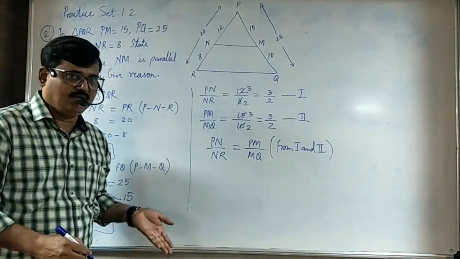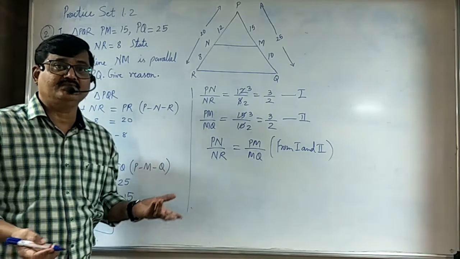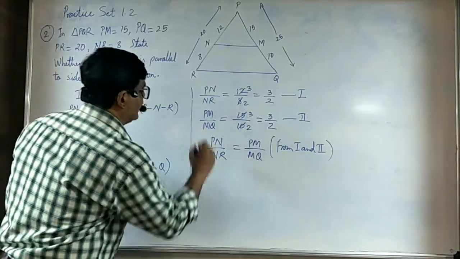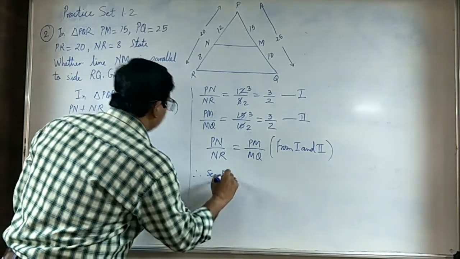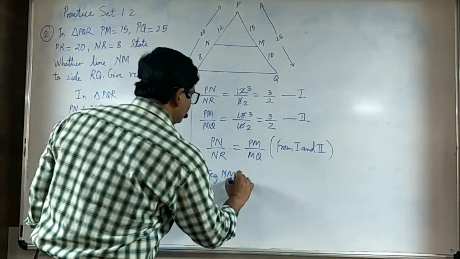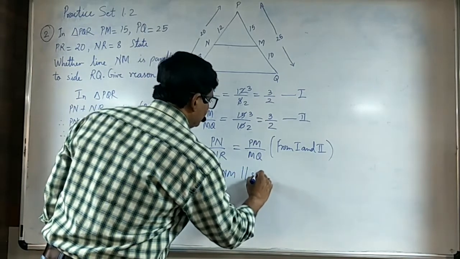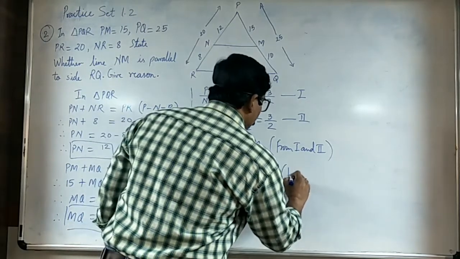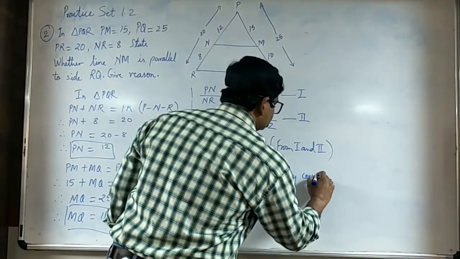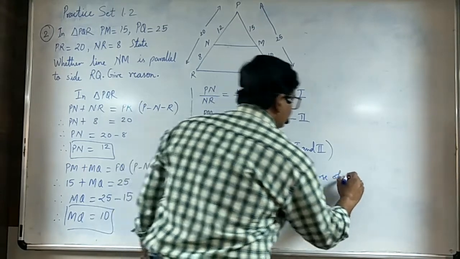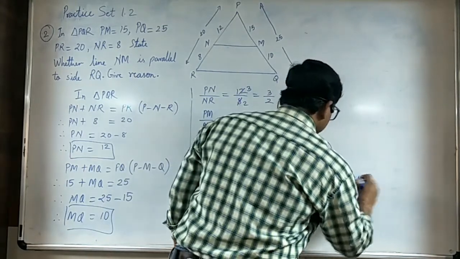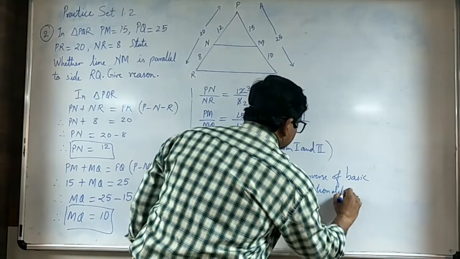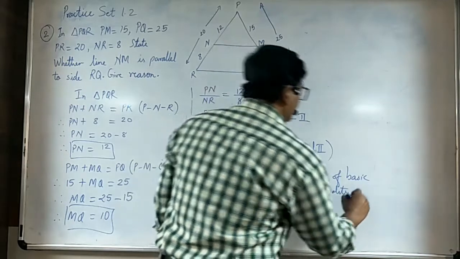If the ratios are equal, then the lines are parallel, which is the converse of the basic proportionality theorem. Therefore, segment NM is parallel to segment RQ, and you have to write it by converse of basic proportionality theorem. Reasons are very important to be written over here.